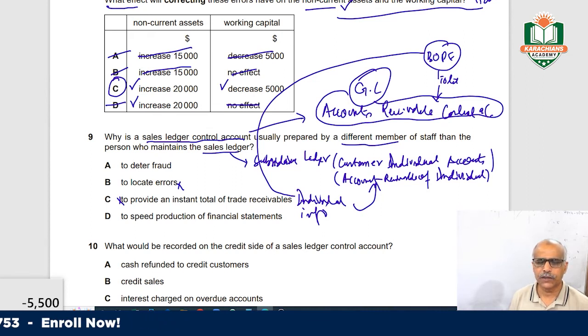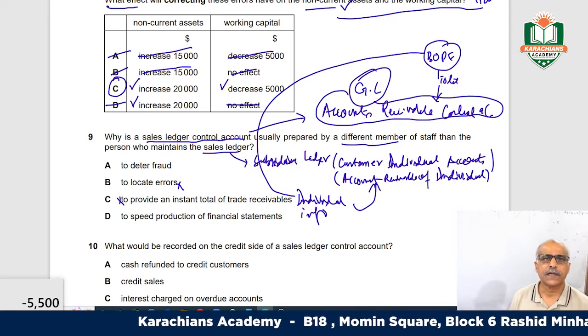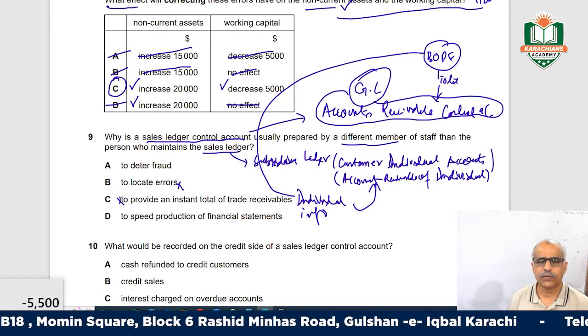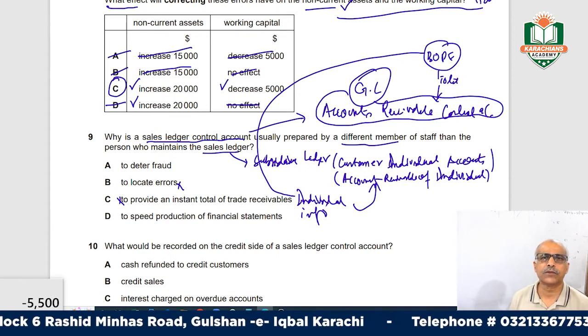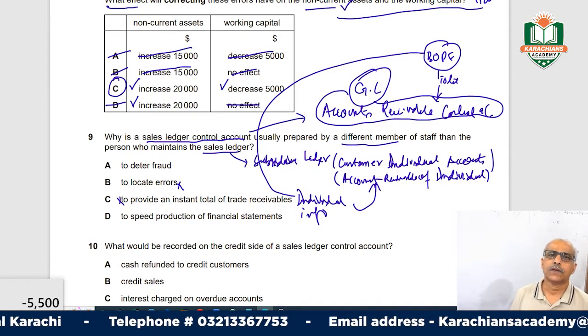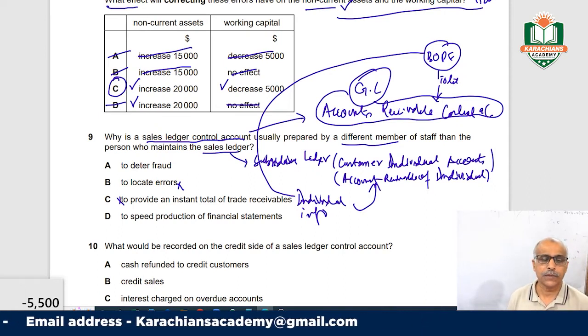To speed production of financial statements, yes, because from the general ledger you take information to the trial balance, and from the trial balance you prepare your financial statements. It helps, but it is not the main purpose.